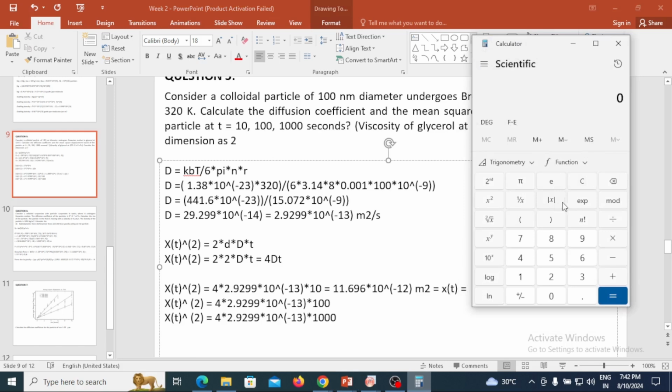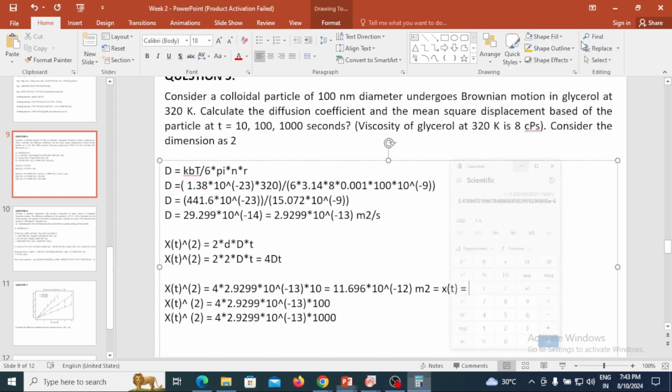So that is 3.4199 times 10 to the power minus 6.